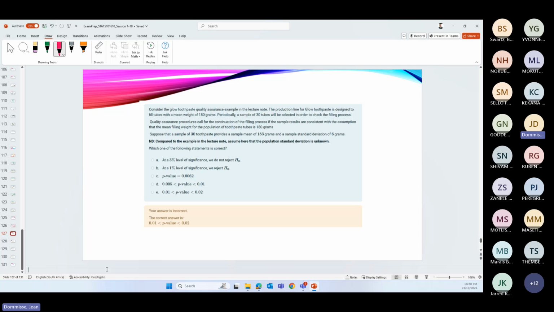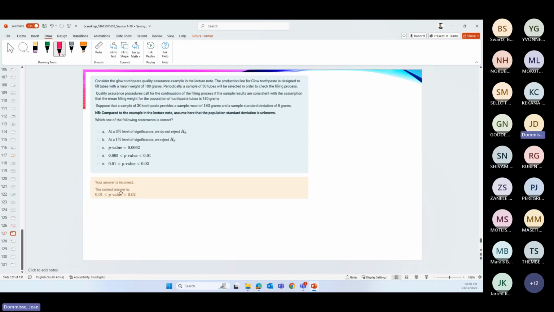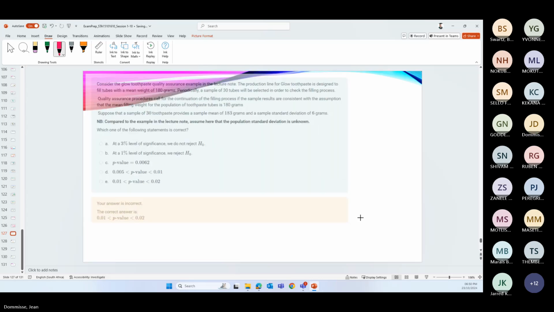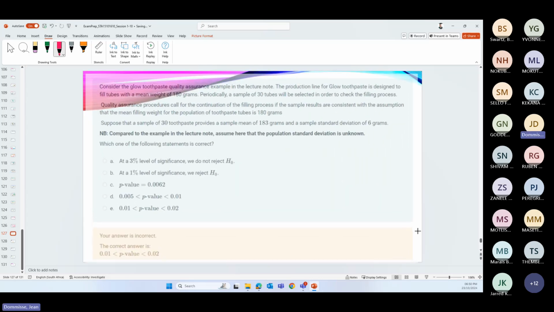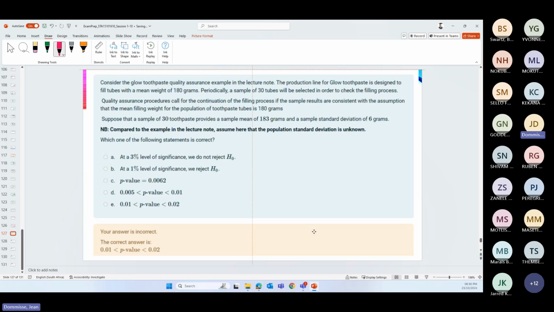Okay, then we've got another one here, and this one I think was in the mock assignment as well.